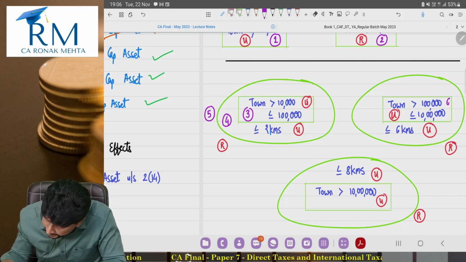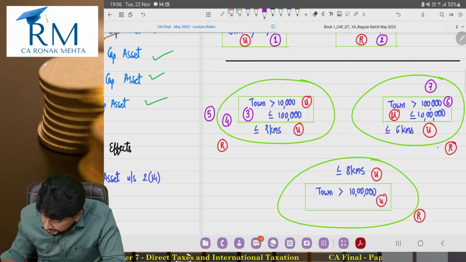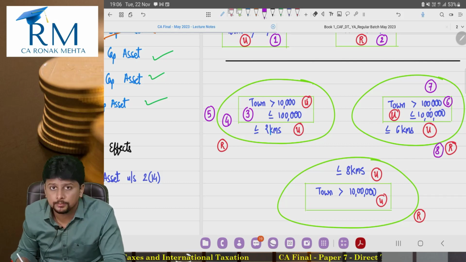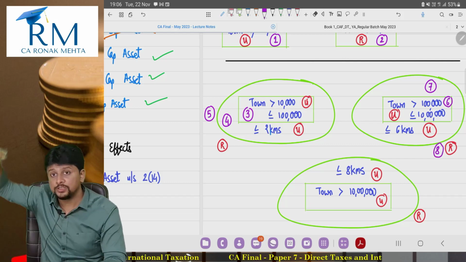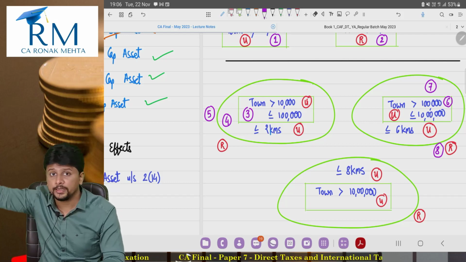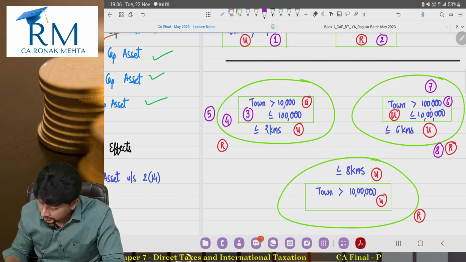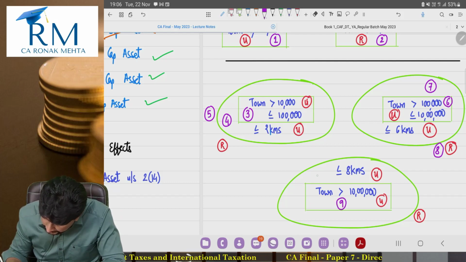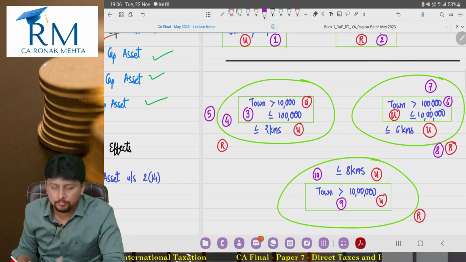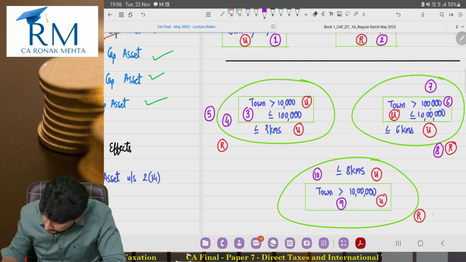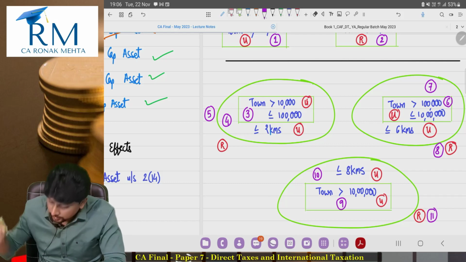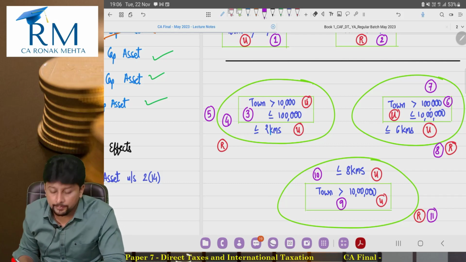If I have land number 6, land number 7 here, but land number 8 is here, so land number 8 falls beyond 6 kilometers, so it is located in a rural area. If it is agriculture in nature, it is not a capital asset. Land number 9, land number 10, definitely capital asset, but land number 11 beyond 8 kilometers is not a capital asset.